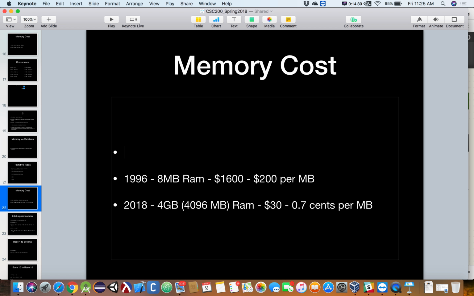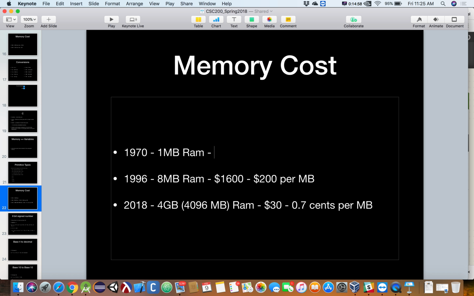So let's go back to, I think it was 1970. There was a 1 megabyte RAM chip, and this is something they were not selling to consumers. It just existed.